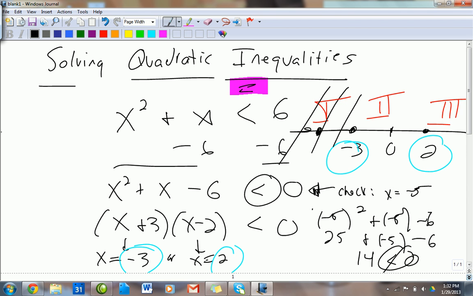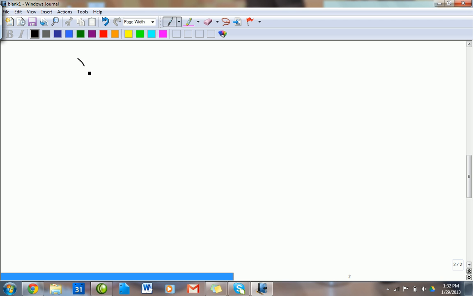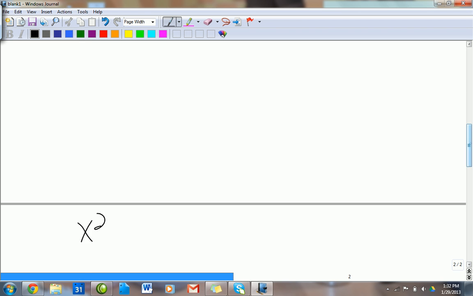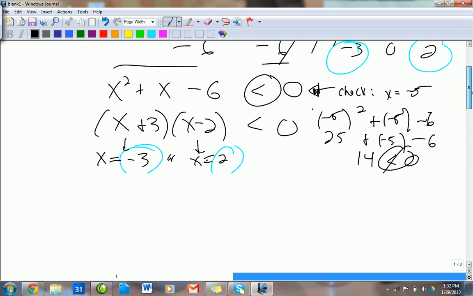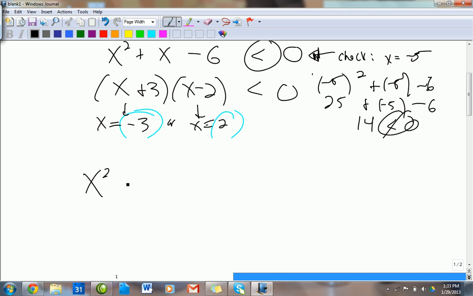So I'm going to plug that into my inequality: x squared plus x minus 6 is less than 0. I'm checking region number 2 when x equals 0, because that's a nice number between the two boundary points -3 and 2.